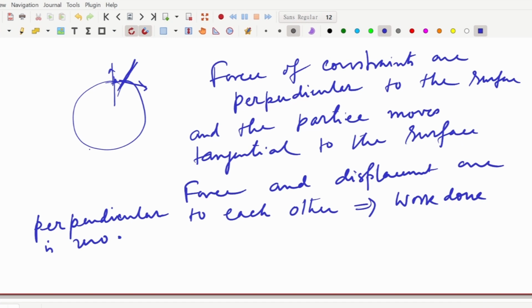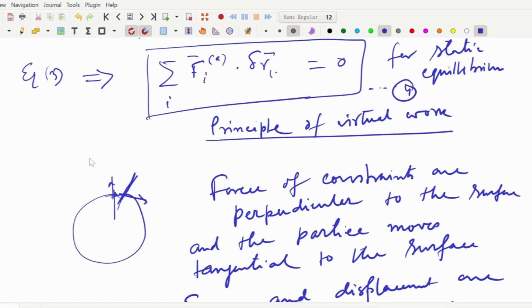So this is an example of how virtual work done by the force of constraint can be 0, and there are many more examples. Now I come back to the principle of virtual work.